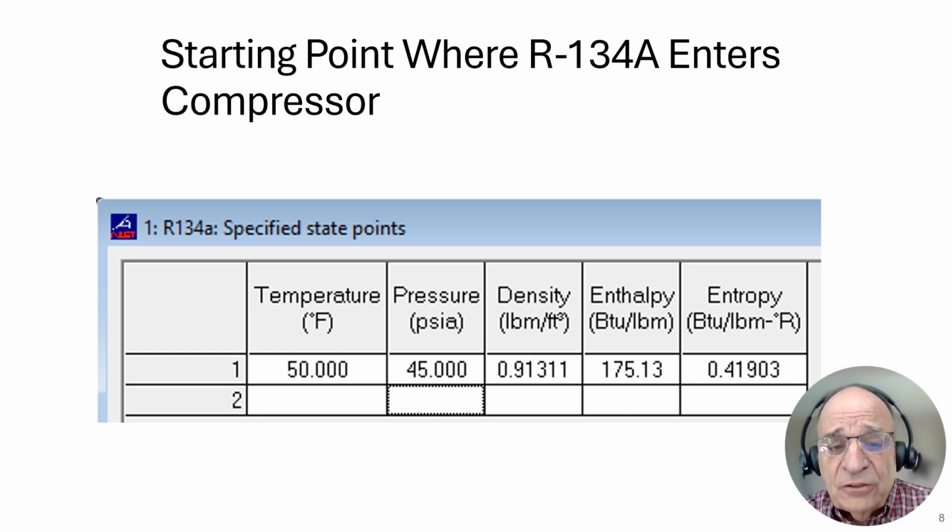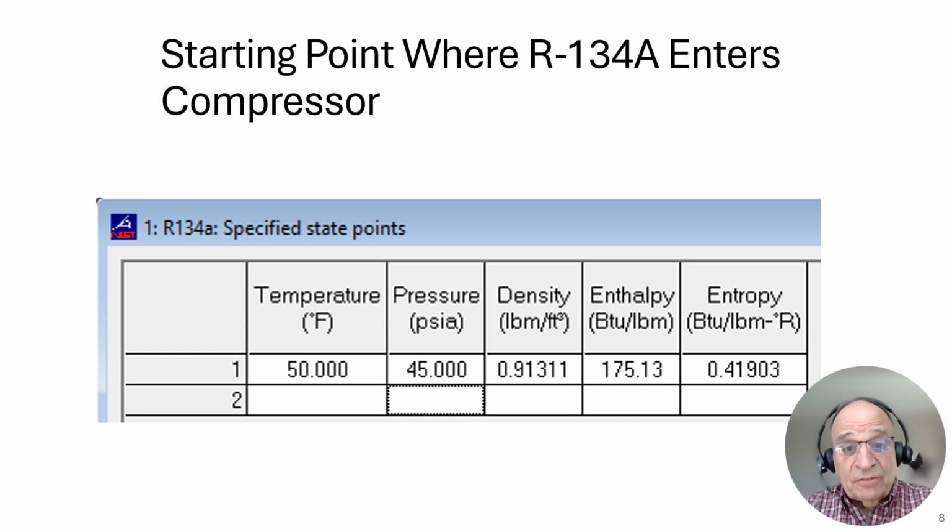And as soon as you put in two intensive properties, which, if you remember, are properties that don't change as you cut the volume in half. Pressure doesn't change, temperature doesn't change, density doesn't change, specific volume doesn't change, specific entropy, specific enthalpy, all those specifics, which mean per unit pound, don't change.